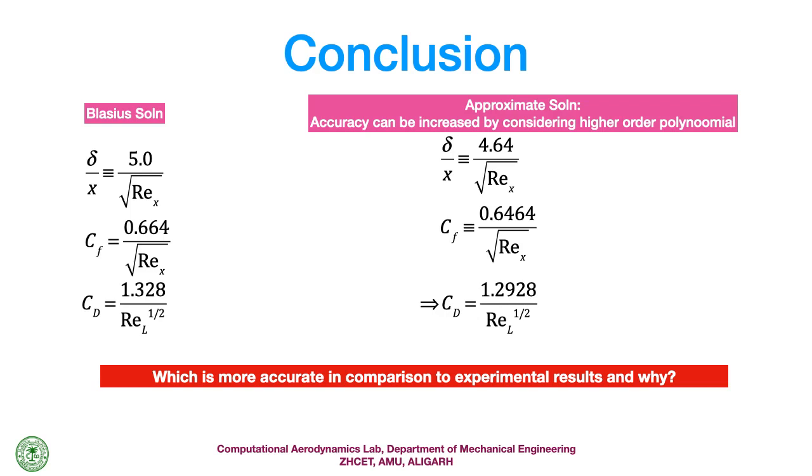If skin friction compares, you can see that the coefficients vary slightly, but the local variation with Reynolds number comes out entirely correct for both the skin friction as well as the drag. Since it is an approximate solution, if you consider a velocity profile with more constants, it will be a slightly more accurate prediction. So you can always increase the accuracy.